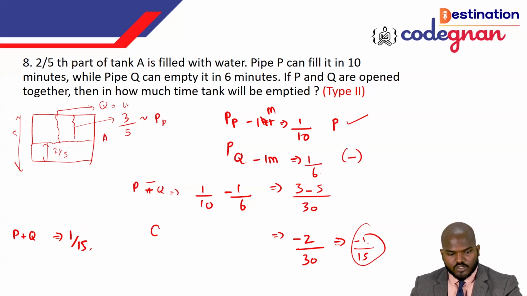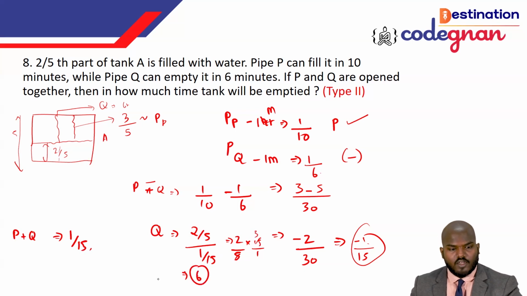So Q empties 2 by 5 of the tank over 1 by 15. That is 2 by 5 times 15 by 1. If I work it out, 15 times 2 by 5 gives 6 hours. P and Q combined together will be able to empty the tank within 6 hours, which is what they have mentioned in the question.